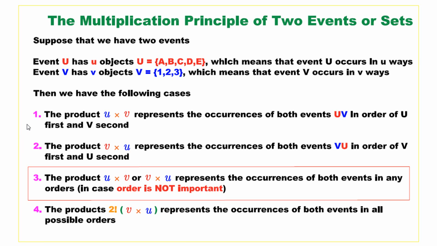There are cases for the multiplication principle where order is important, such as case number 1 here, and number 2, and number 4. But for our case, we need the case of no order, since combination implies no ordered element. So we apply case number 3 for our question.